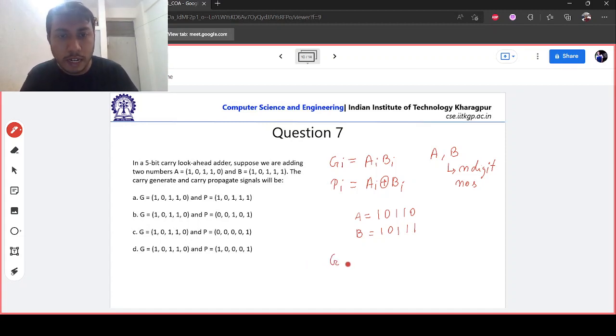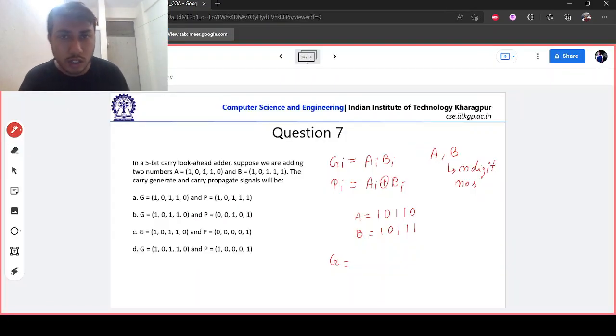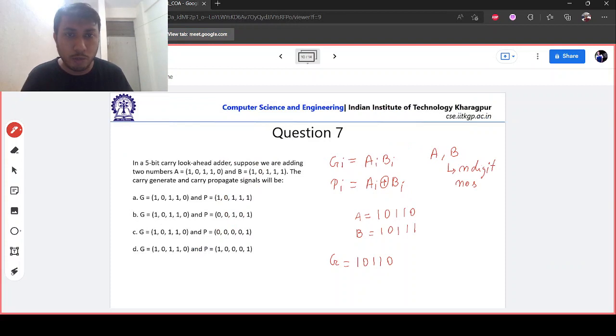To generate G, we will just AND each of the digits, right? So if we AND them, it will be 1. Then the next bit will be 0. 0 and 0 will be 0, then 1, then 1, and 0 and 1 is 0. So these are the G signals that will be generated.